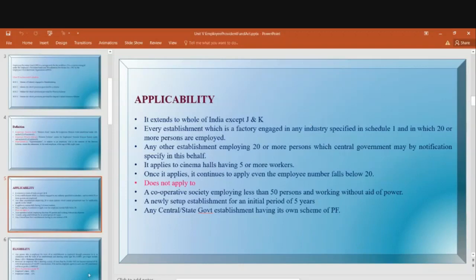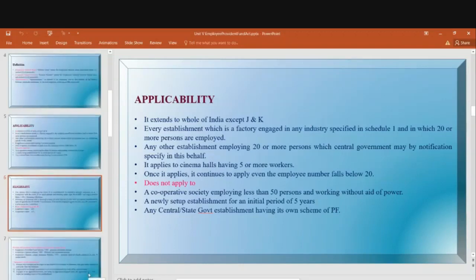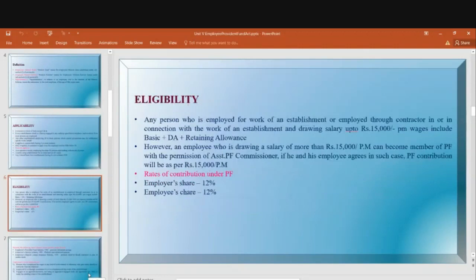And the next one we'll be seeing is the eligibility norms. So who is eligible to get PF, right? And what is the rate of contribution under this PF scheme? So the first one is any person who is employed for work of an establishment or employed through a contractor. So both are eligible to receive the PF, right?